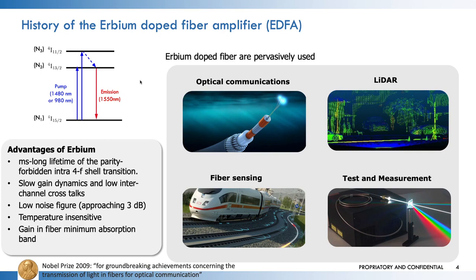Once the erbium ions are doped in the optic fiber, you can use an optical pump at 1480 nanometers or 980 nanometers to pump the erbium ions into the excited state. It has a millisecond-long lifetime, so you can relatively easily achieve population inversion. Then you have net gain at the signal of interest when the signal comes in.